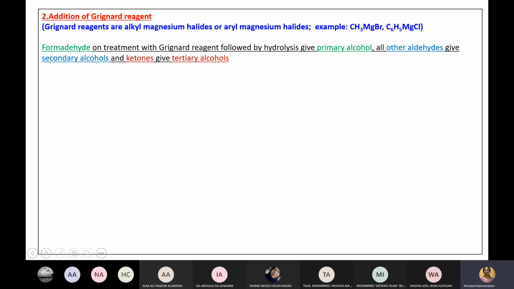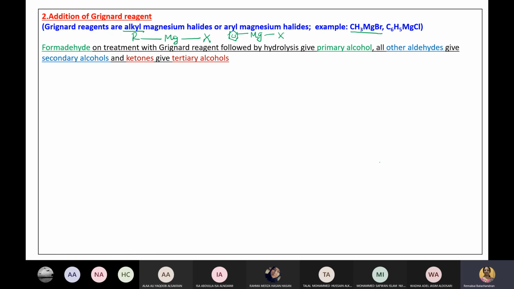They are alkyl magnesium halides or aryl magnesium halides. Aryl need not be benzene; it can be some other aryl group also, but you study only this one. So they are alkyl magnesium halide or aryl magnesium halide.